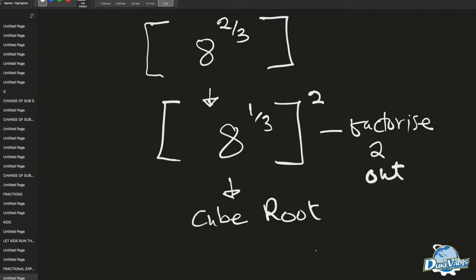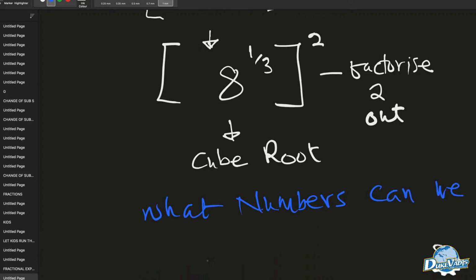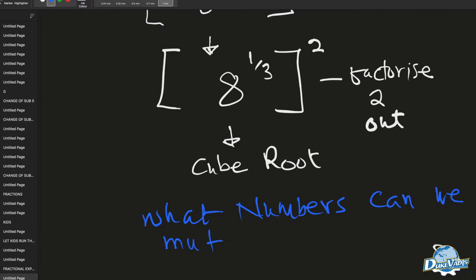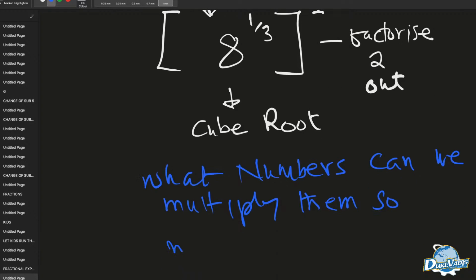So what numbers can we multiply together so that we can get 8?